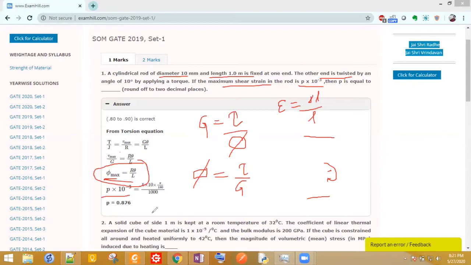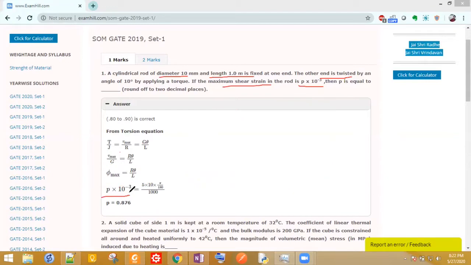Let me erase this so that it is 10 to the power minus 3, as has been given in the question. Now, our radius: diameter is 10 mm, so what would be the radius? 5 mm.